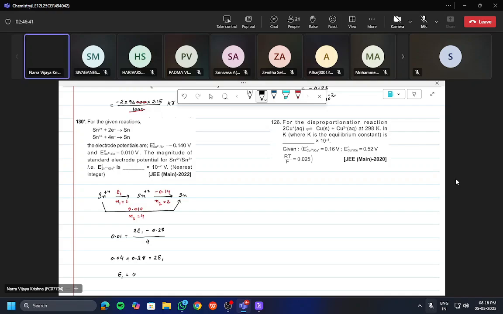So E1 is equal to 0.16, which means the answer is 16 into 10 power minus 2. We discussed this problem, or not? Next question.